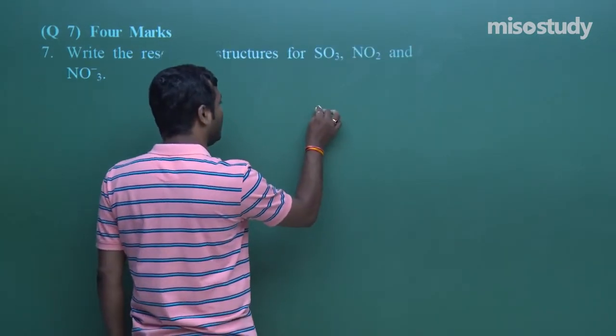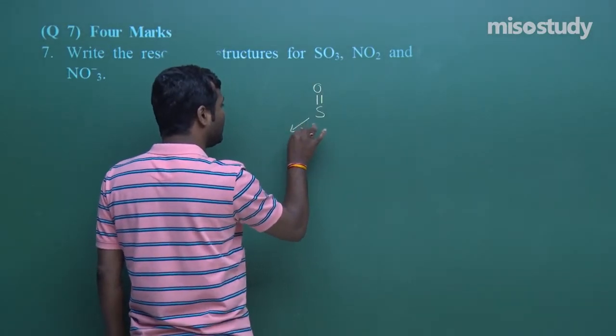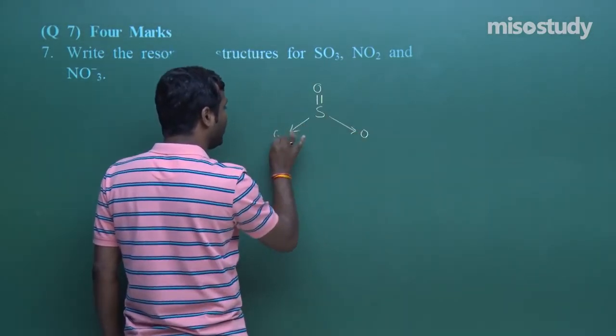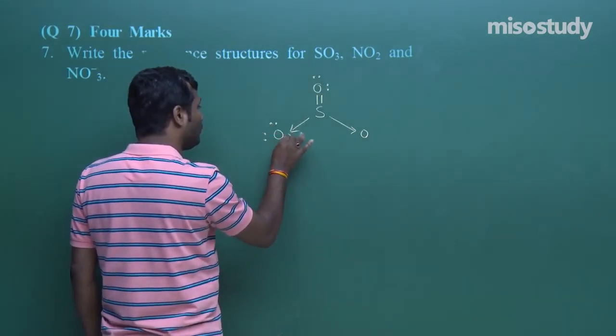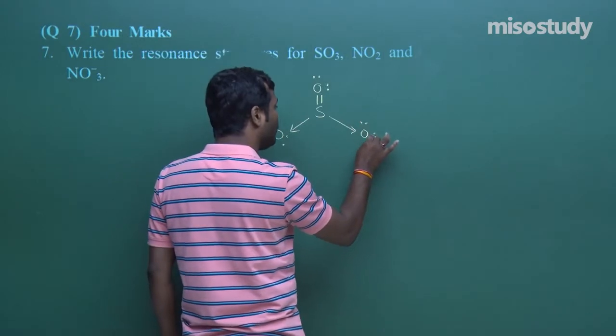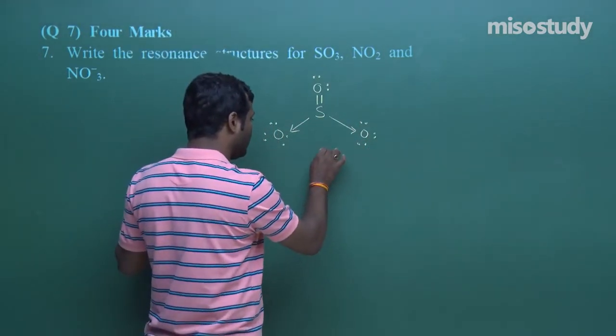What is SO3? We know in SO3 there is a double bond, then there is a coordinate linkage like this: 2 and 2, 4, 2, 6. This is the first resonating structure. Do you remember this?